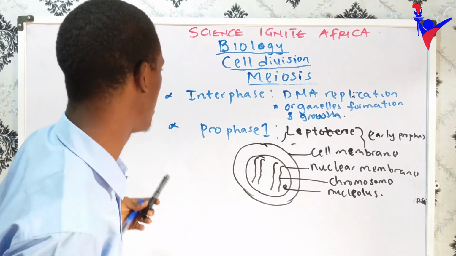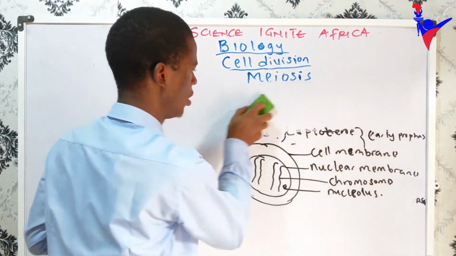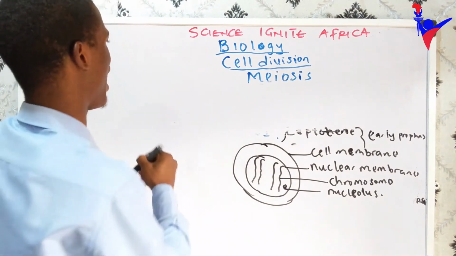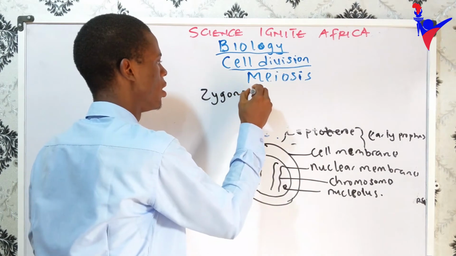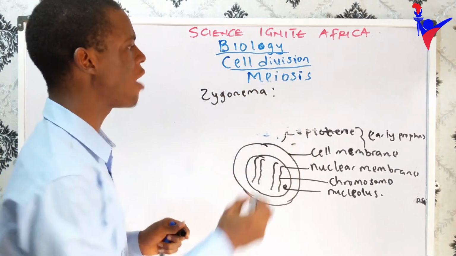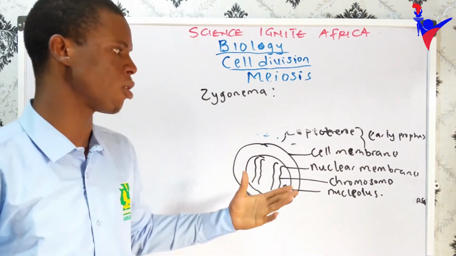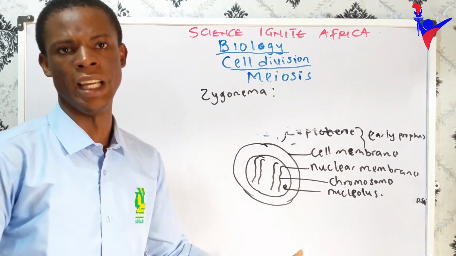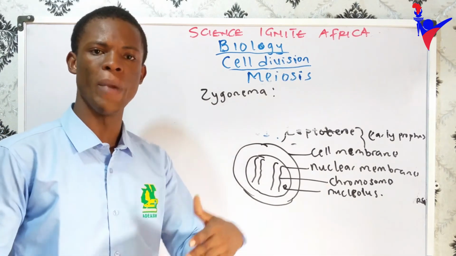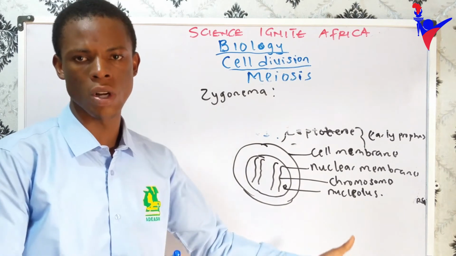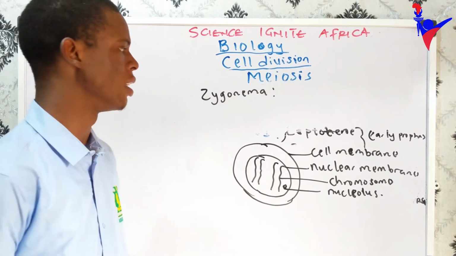The zygonema stage. What happens in the zygonema stage is that we have what we know as synapsis. The synapsis here is not the synapse that we have in nervous coordination, when we have the movement of impulses from one neuron to another neuron, where there is a synapse between the two neurons.